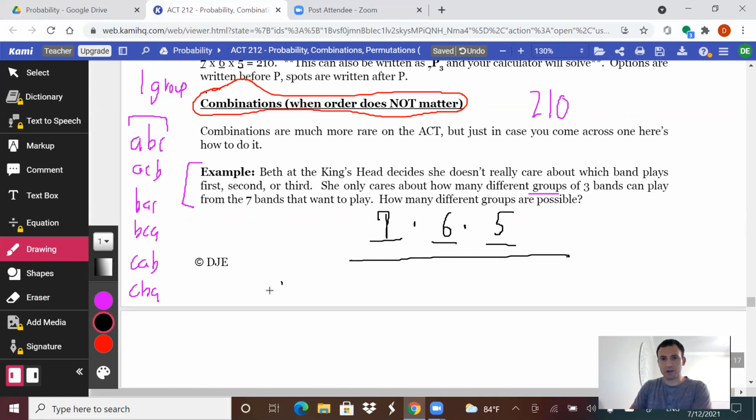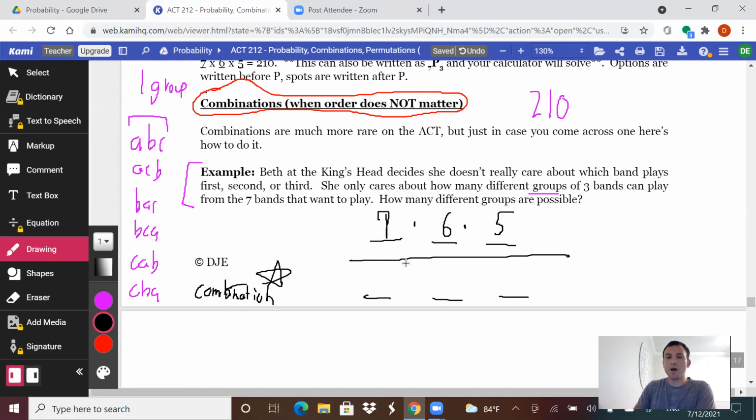Here's the part that makes this a combination, not a permutation. It's the denominator. We don't want to count one arrangement of 3 bands 6 separate ways. It's just one group. So you always take the number of spaces on the top and put the same amount of spaces on the bottom.